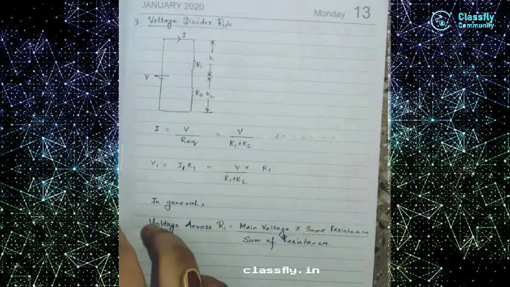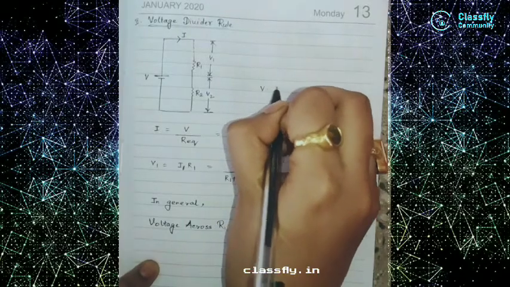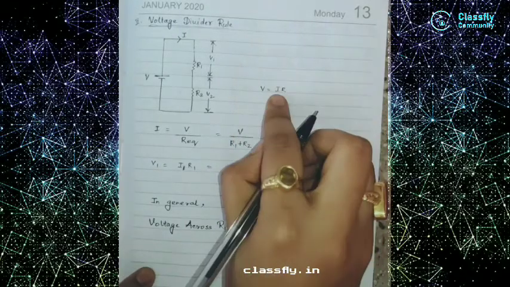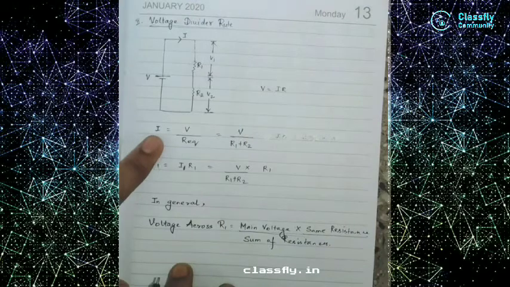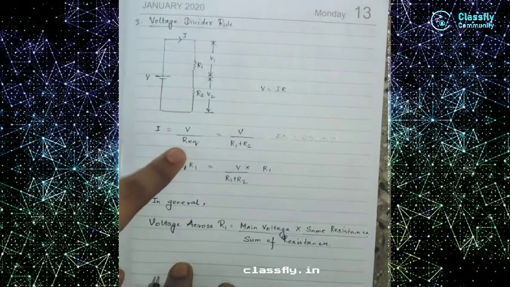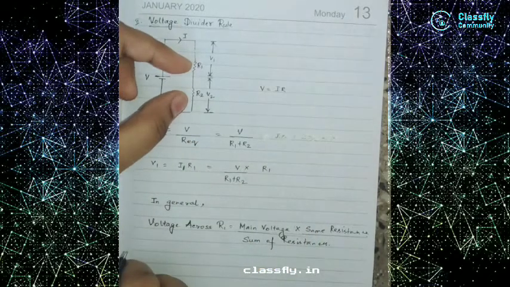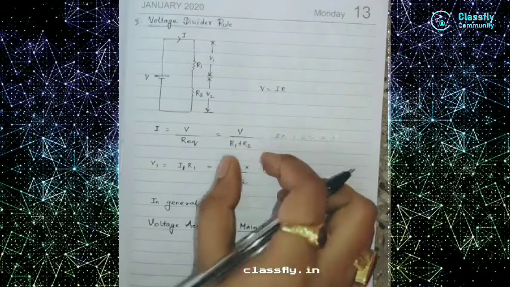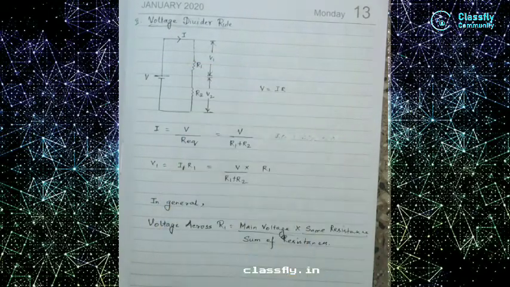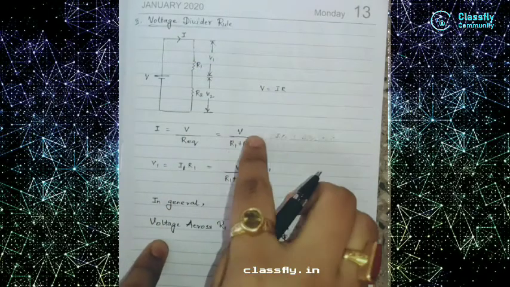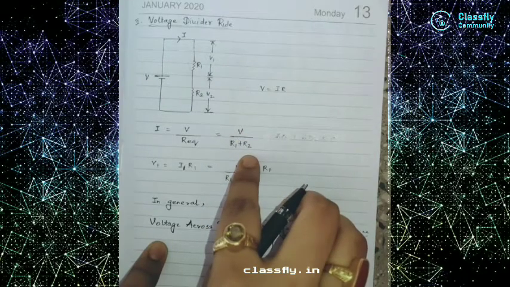So we know that according to Ohm's law V is equal to IR. So the total current is equal to the total voltage by R equivalent. Our R equivalent here, because it is in series, has the formula R1 plus R2, simple addition of the resistances, so it will be V by R1 plus R2.